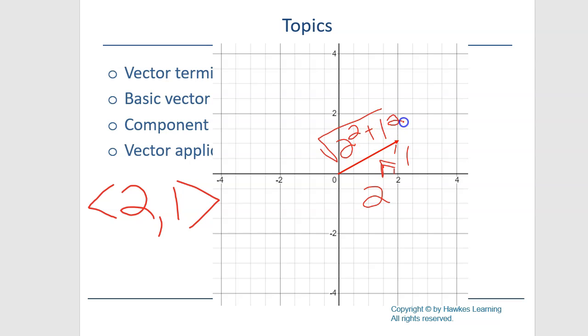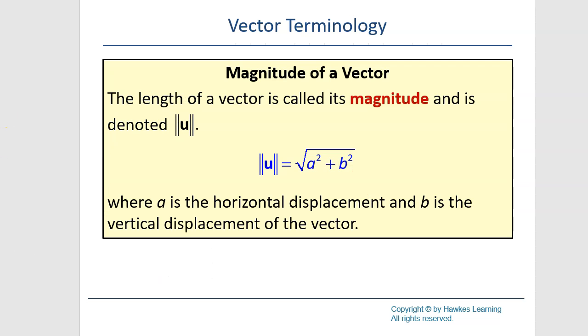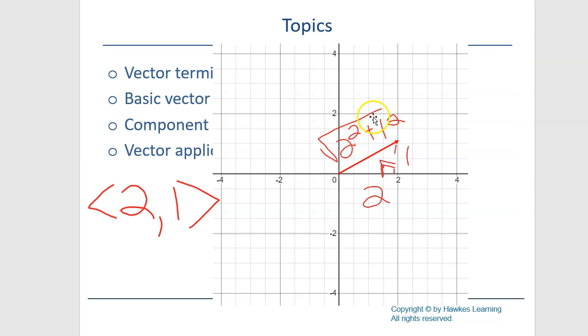Once again, we've seen it so many times this semester, the Pythagorean theorem is at the heart of something that we're studying. So the magnitude of this vector, if we call this vector u, is the horizontal component squared plus the vertical component squared, and then we take the square root. It's literally because it is a Pythagorean theorem.